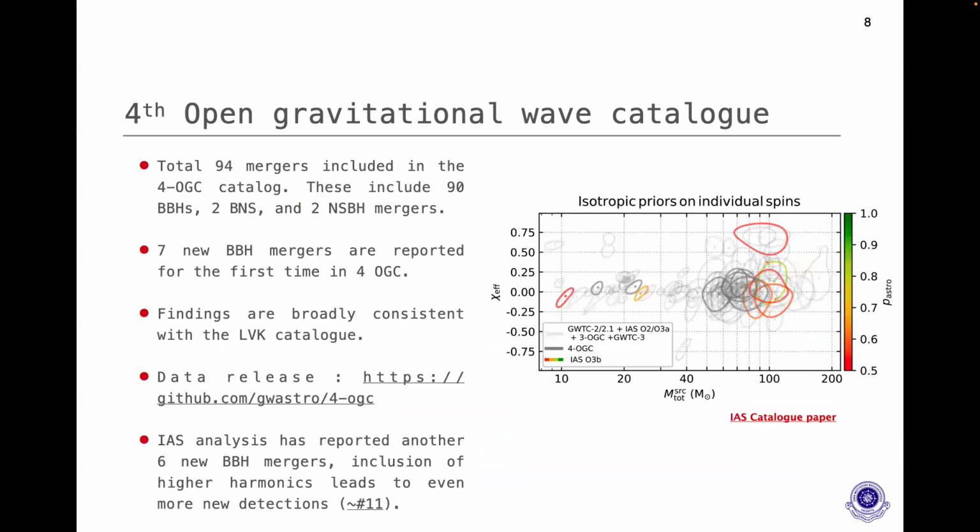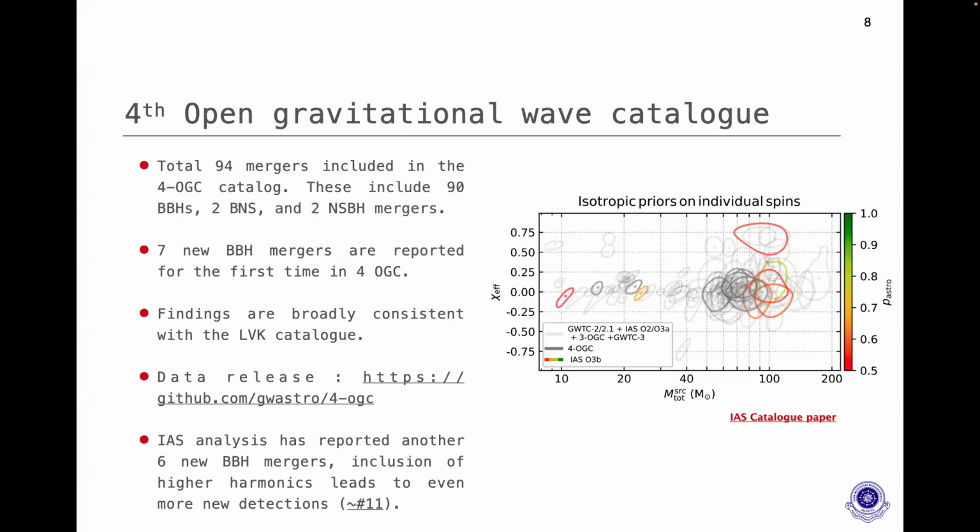So all these 3 catalogs are very similar to each other. There are small differences in these catalogs. For example, the Open Gravitational Wave Catalog reported a total of 94 compact binary mergers till the 3rd observing run. Now, they have reported 7 new binary black hole mergers, which were not reported in the LIGO-Virgo-Kagra catalogs.